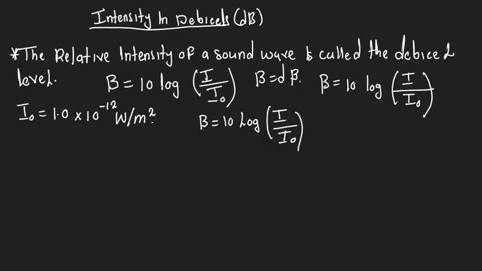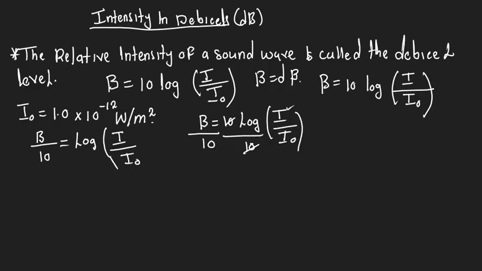To make the intensity the subject, the first thing we need to do is divide by 10 this side, also divide by 10 this side, so that this guy and this guy can cancel. So we are going to have B over 10 equal to log intensity over intensity initial. Yes, but here remember that there is a power 10.